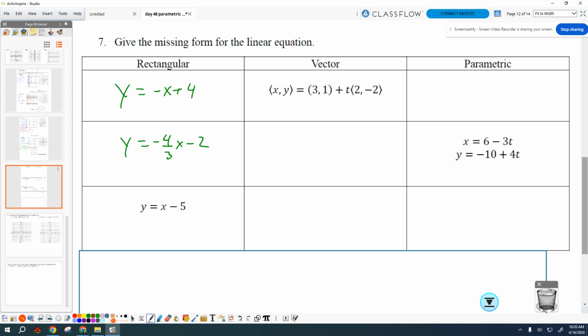Look at that. Okay. Split conversion. So let's strategize on how we can take this rectangular and get the vector form. Roscoe, what's your suggestion?